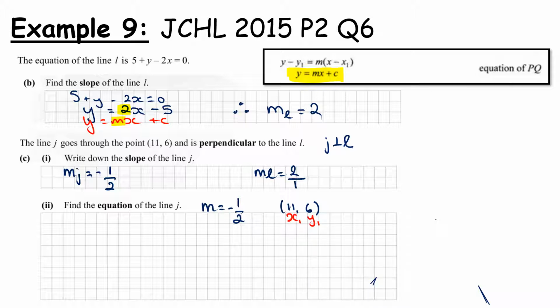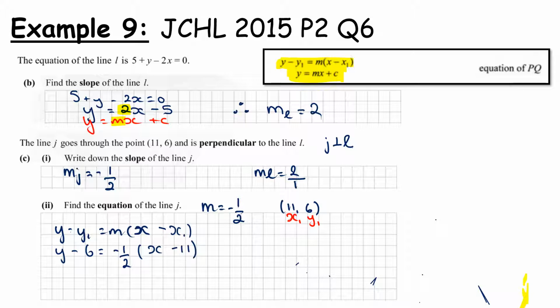I then use my formula for building the equation, which is this top one here, and we get y minus y1 is equal to m bracket x minus x1. So y minus 6 is equal to minus a half times x minus 11.